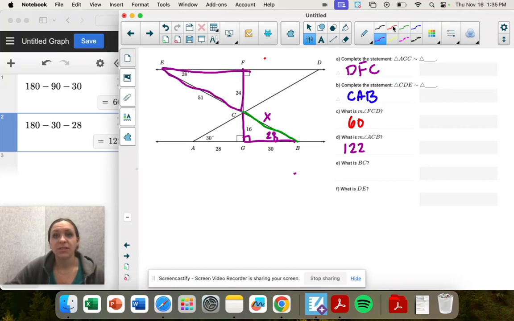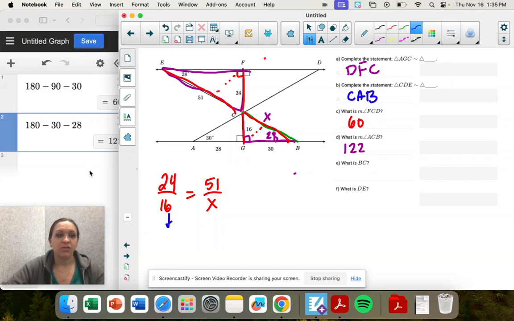So we're going to set up a side ratio. Okay, so we have 24 to 16. Those sides are corresponding. You have to make sure you line up your corresponding. And now we're going to take the side across from the right angle, our hypotenuse. So 51 to B C, or X.